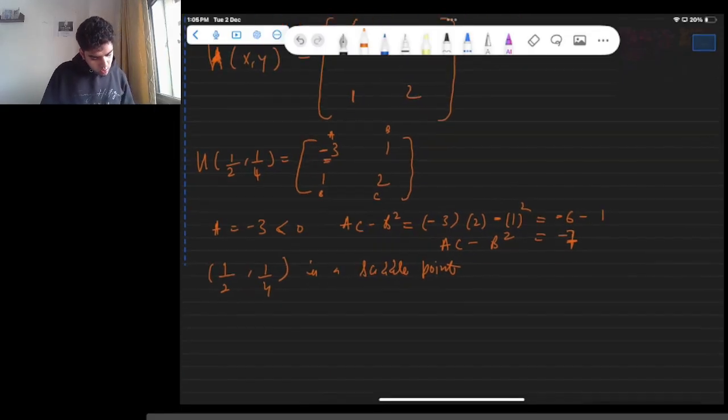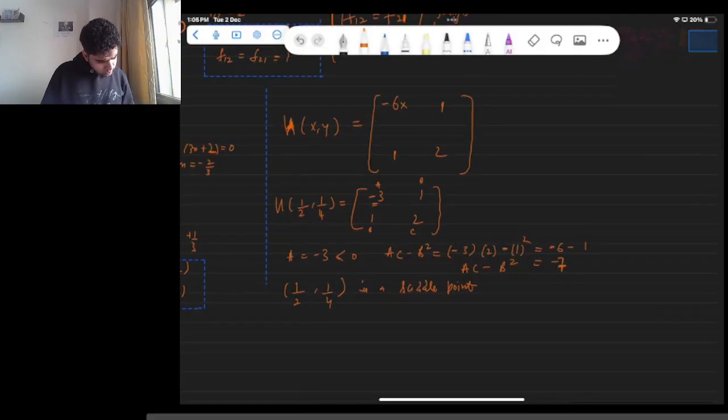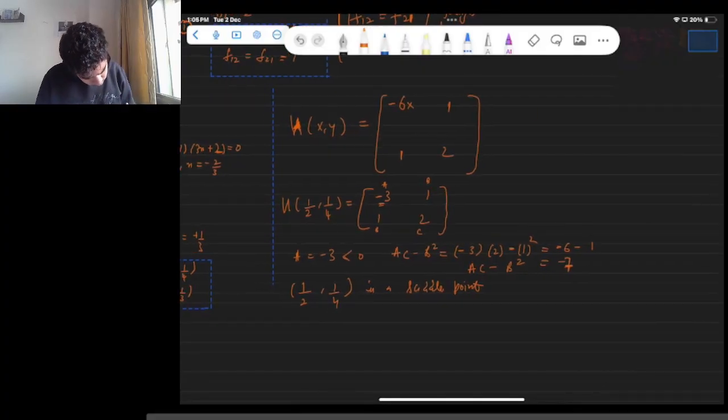So now I'll be using the second point. h of 1 by 2 comma 1 by 4.